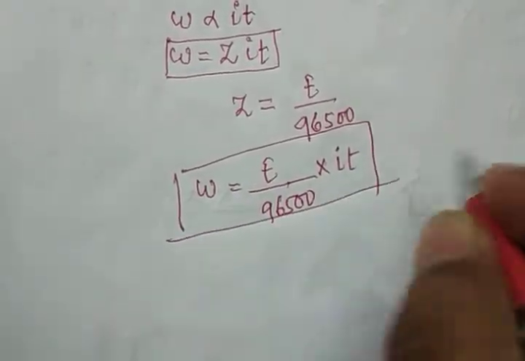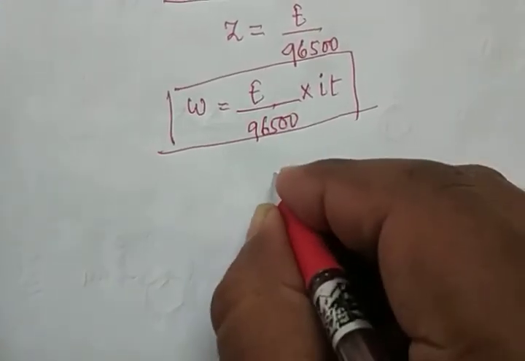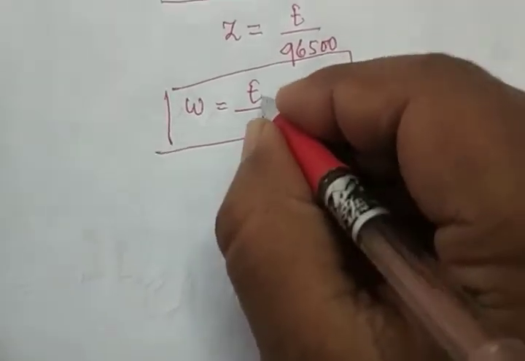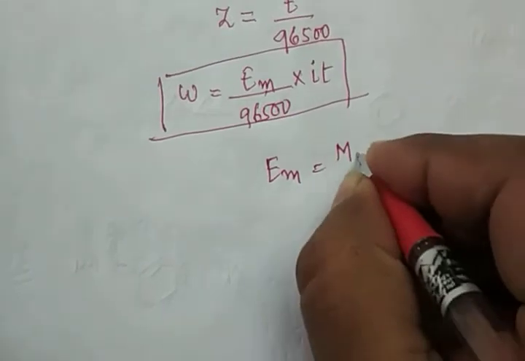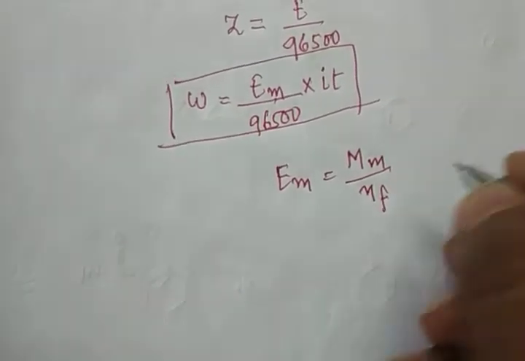Suppose in the numerical, equivalent mass is given, and you know very well equivalent mass is equal to molecular mass upon n factor. N factor is what? Valency.